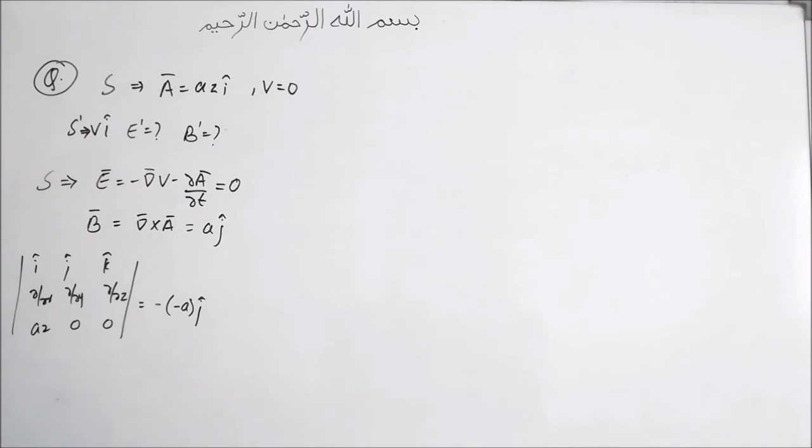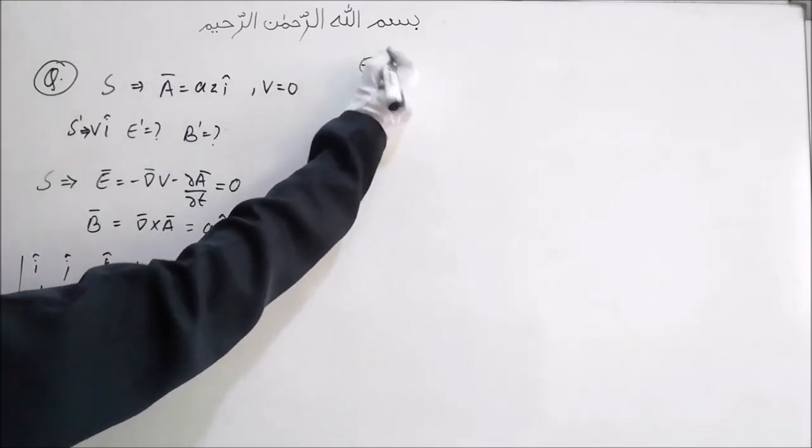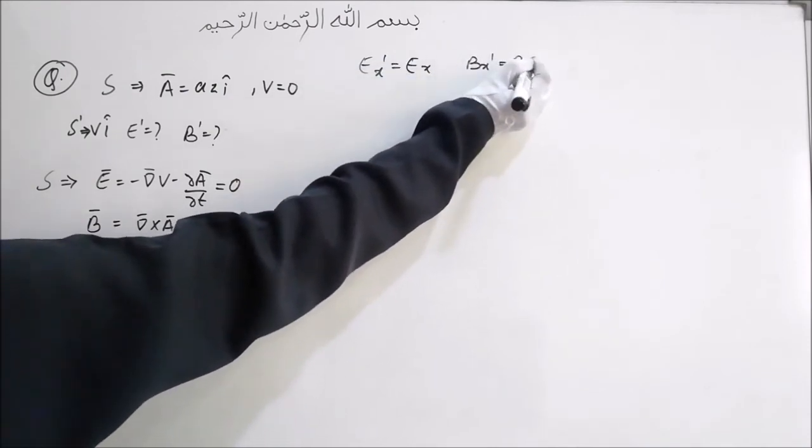We know the transformation equations, we just saw them, that for a frame which is moving towards the right, we have Ex dash equal to Ex, and Bx dash equal to Bx.